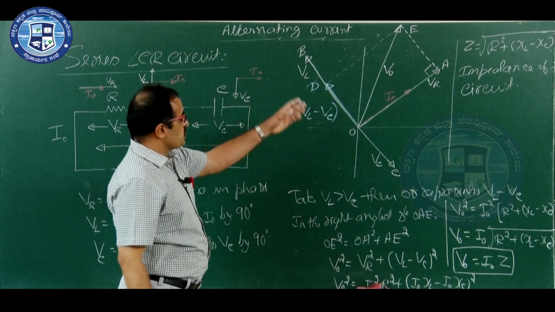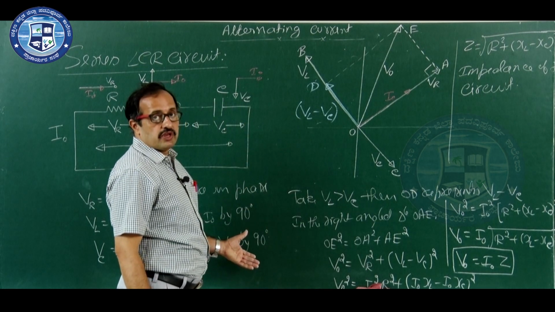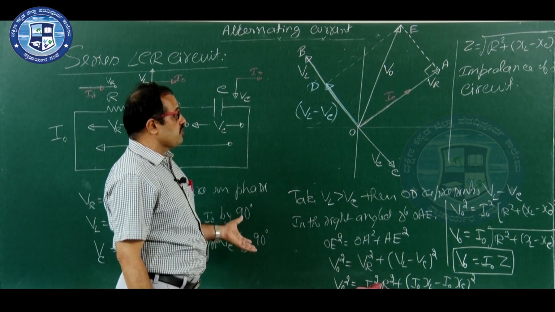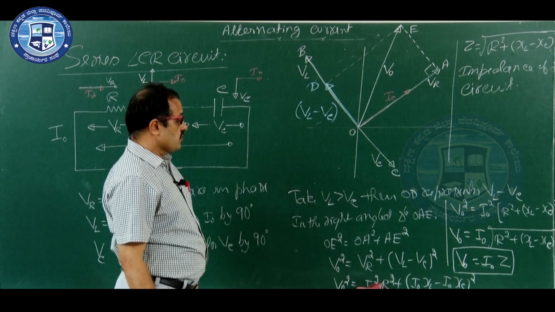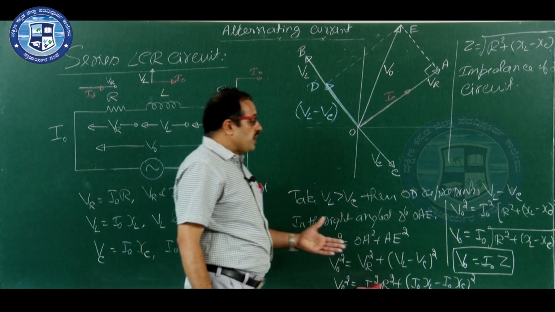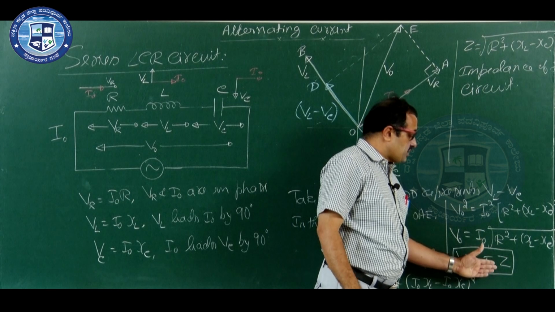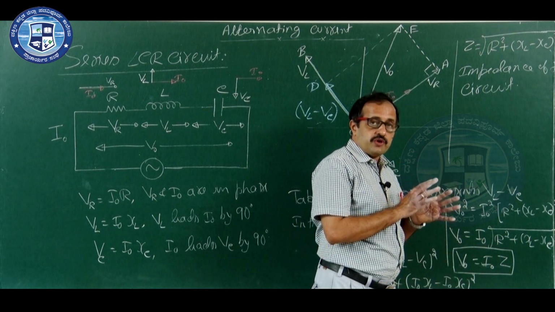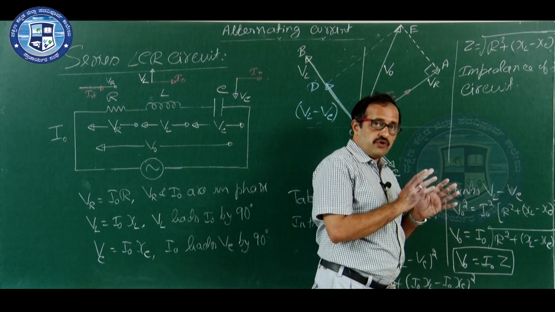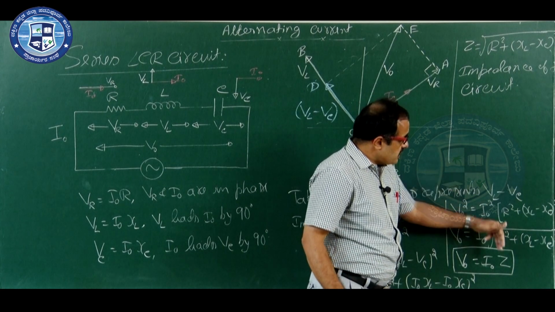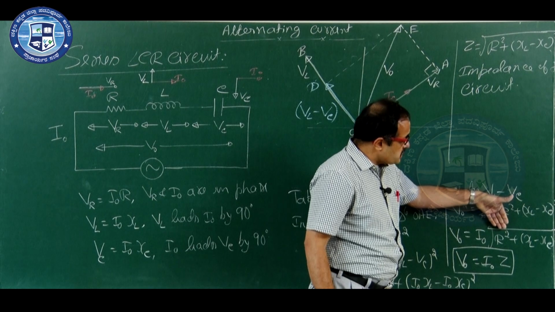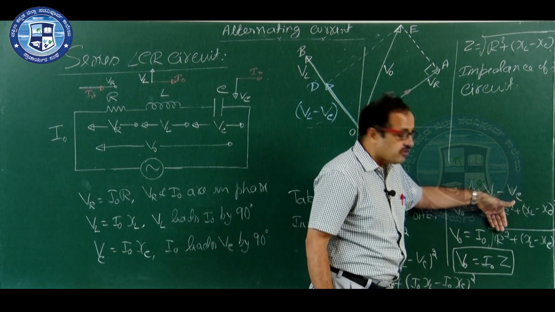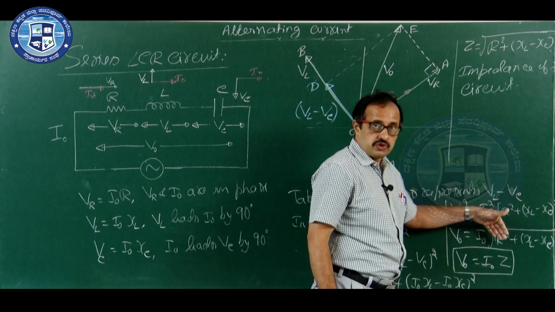So, this derivation you can expect for 5 marks in the annual exam: derive the expression for impedance of the LCR circuit. Okay. Now, whenever we say impedance, remember that it is the total opposition offered by the circuit to the flow of AC, and it contains both the reactance part and the resistance part together.